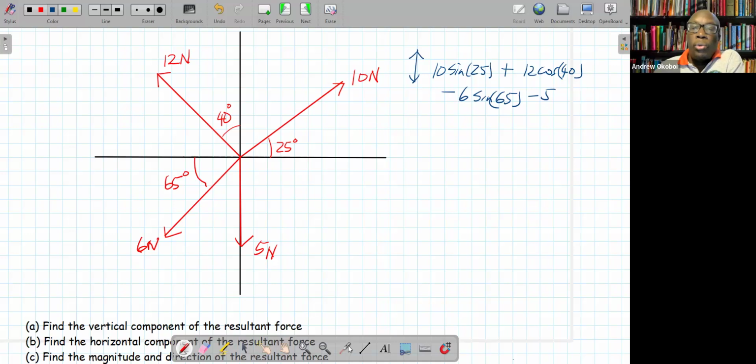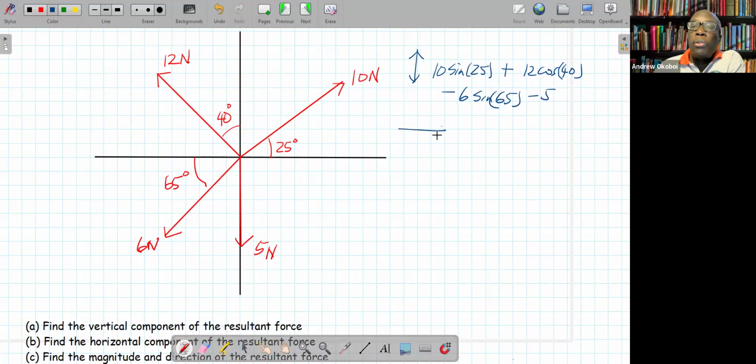These two are downward forces because the nearest vertical axis is this one. This one is already on the vertical axis, so these are negative, and these two are positive. So that's resolving it vertically.